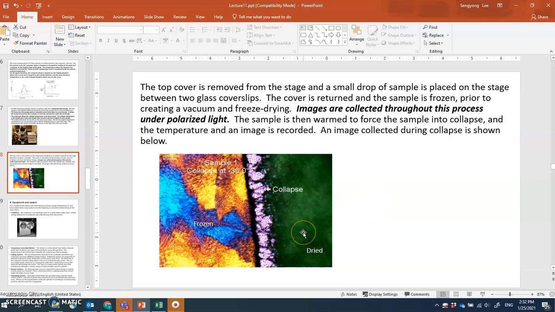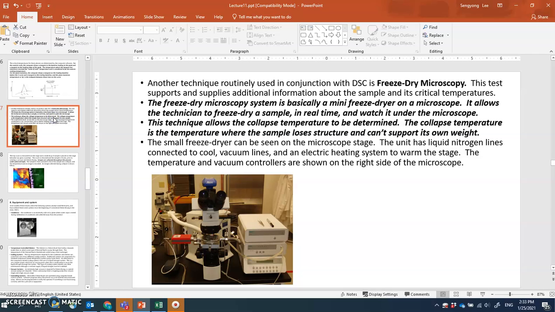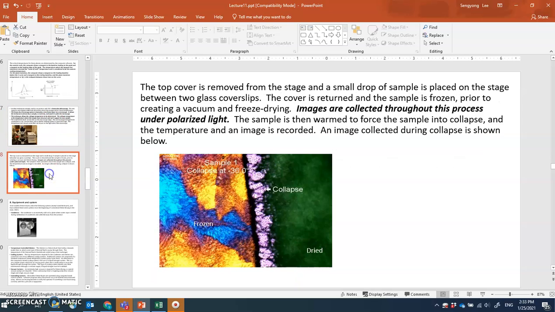So in polarized light condition, you'll see different images. Under that condition, you will see the dried part of the drug show up as maybe a green color area, and then the frozen drug condition will show up as this kind of colorful area.